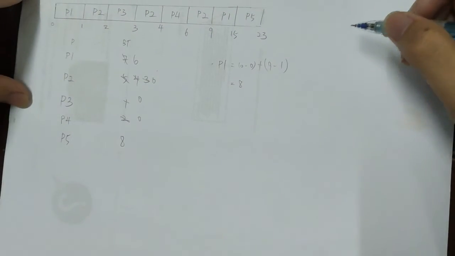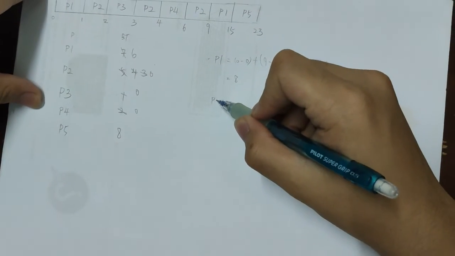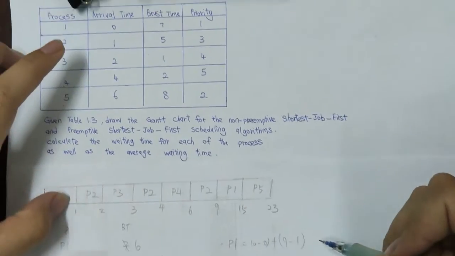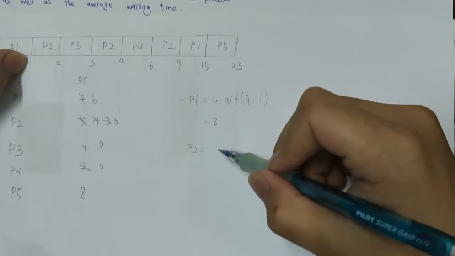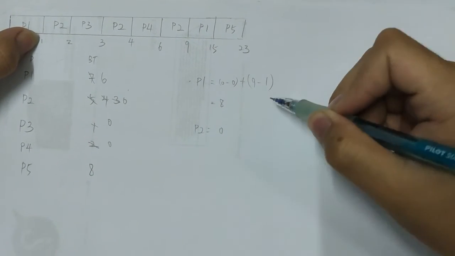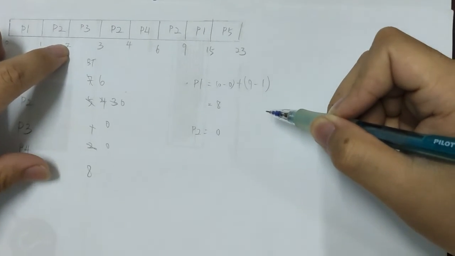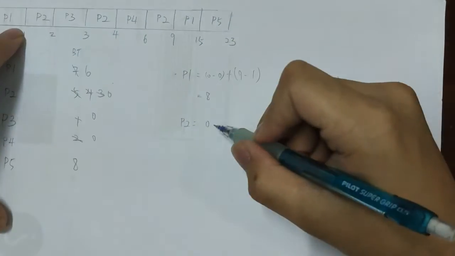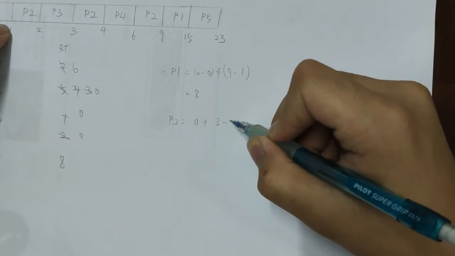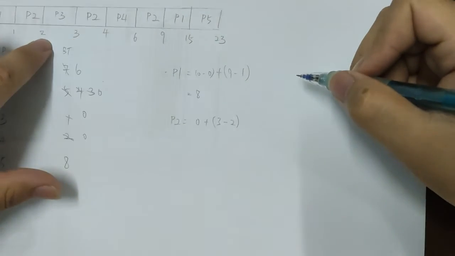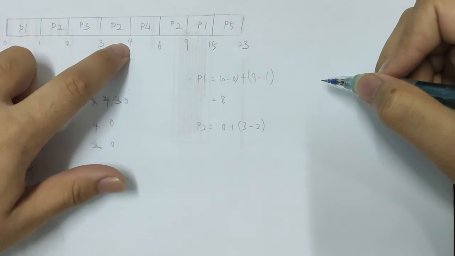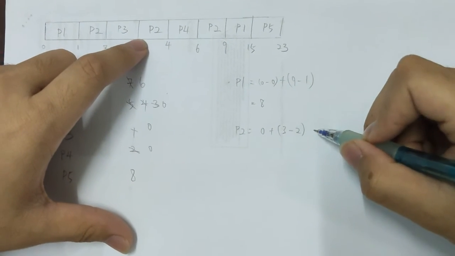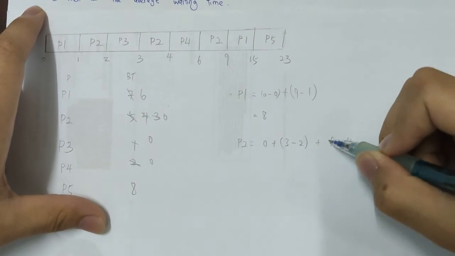It is the same formula for the other processes. P2 arrives at 1 and starts at 1, so no waiting at this point: 0. It is interrupted at 2 and starts again at 3, so plus 3 minus 2, and it is interrupted at 4 and starts again at 6, so plus 6 minus 4.